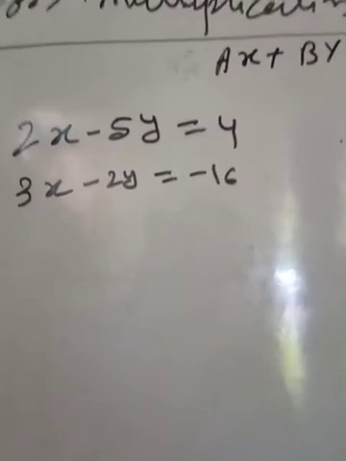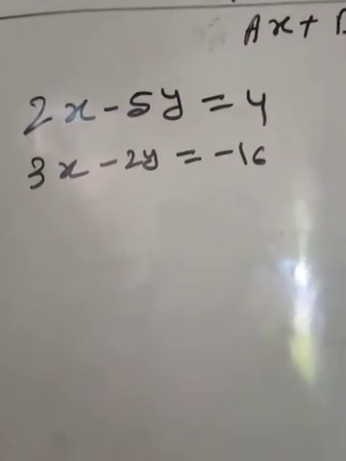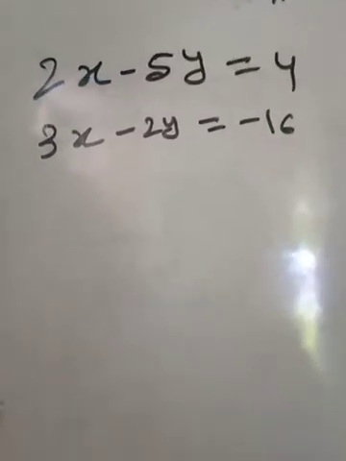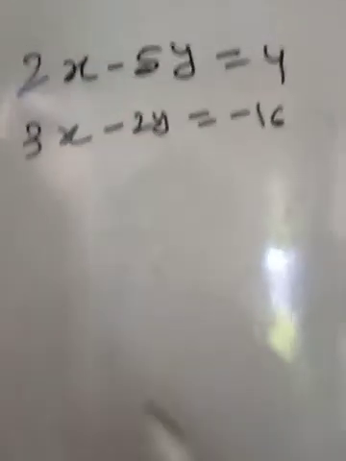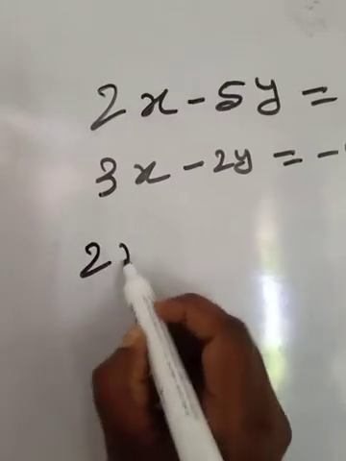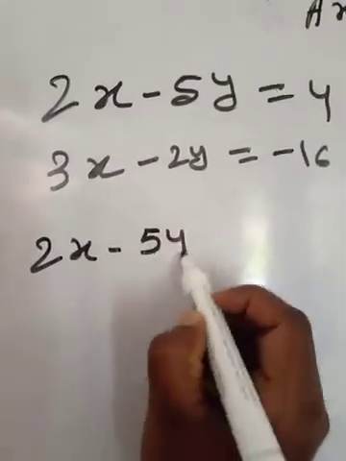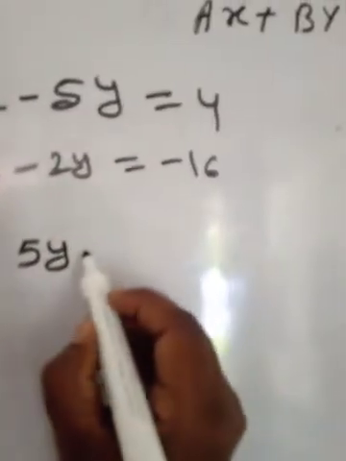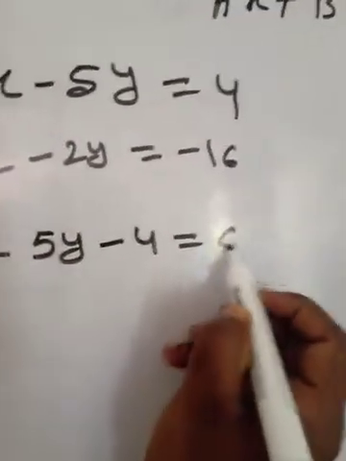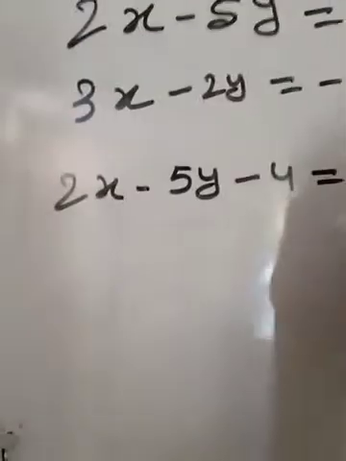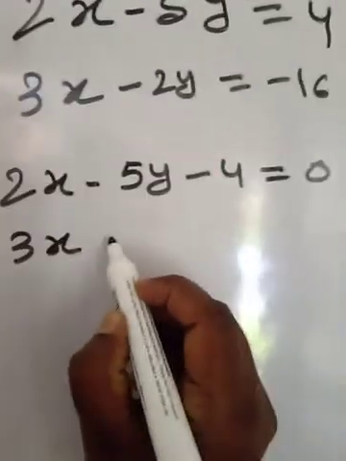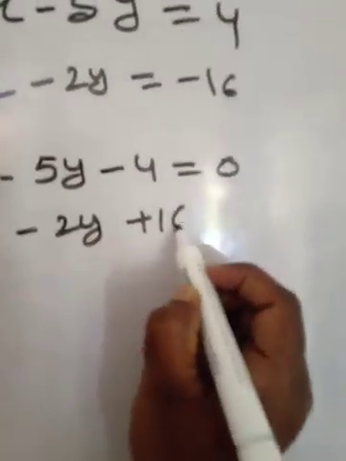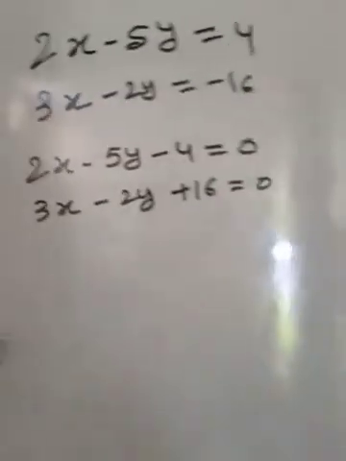First step, we have to convert the given system into standard form. So 2x minus 5y, and this 4 will transpose to the LHS, so it becomes minus 4 is equal to 0, and the other, 3x minus 2y plus 16 is equal to 0.